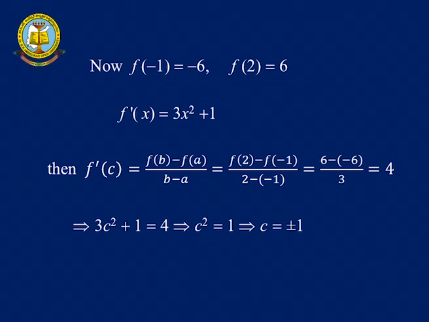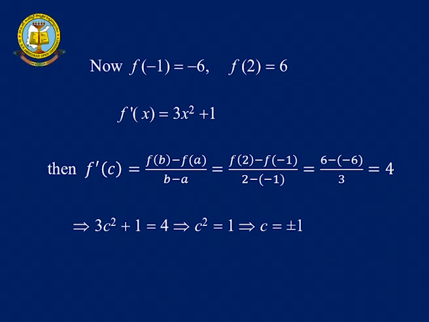So in place of x we substitute minus 1 and we get f of minus 1 value, that is minus 6. Next, in place of x equal to 2, f of 2 we get 6. Then f dash of x, with f of x equal to x cube plus x minus 4, the derivative of x cube is 3x square and the derivative of x is 1. So this is the value of f dash of x.